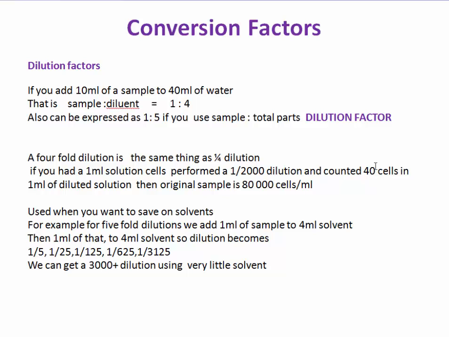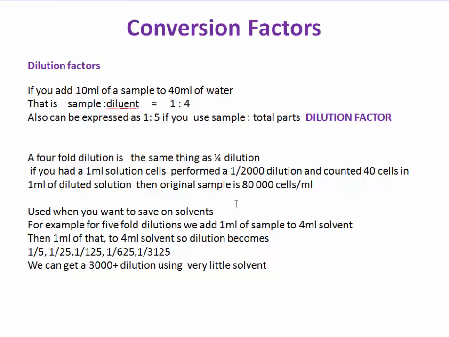How many cells were there in the original solution, this 1 mil that you started off with? Well, all we have to do is multiply, not divide, multiply by this factor 2000, and we get that there are 80,000 cells in the original 1 mil solution. So in the original solution there are 80,000 cells per mil.